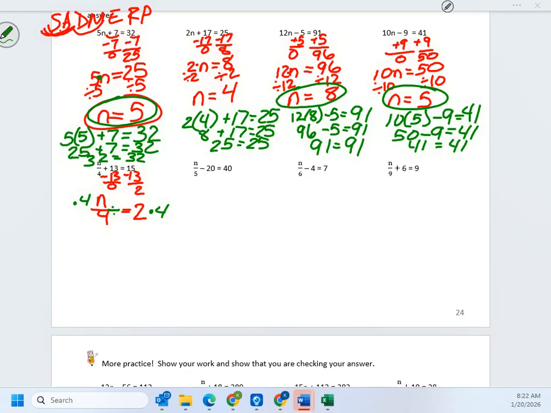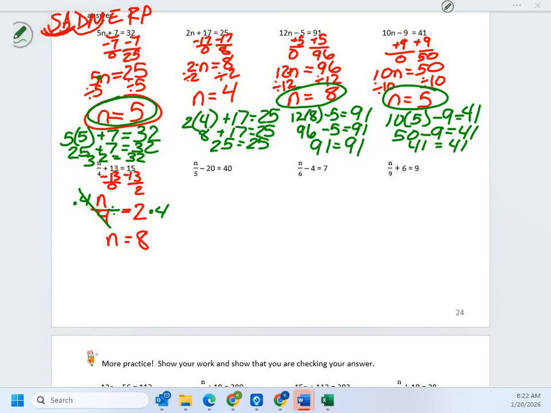When I simplify 4n over 4, I divide those 4's out, and I'm left with just n. Because 4 divided by 4 is 1. 1 times n is n. 2 times 4 is 8. So I get my answer of n equals 8.